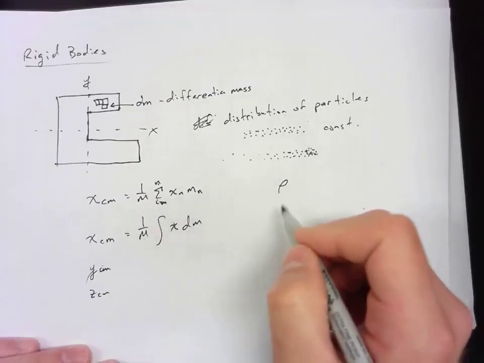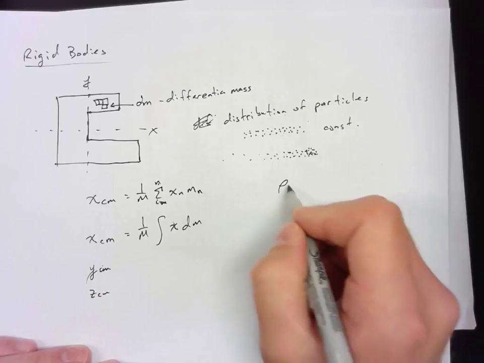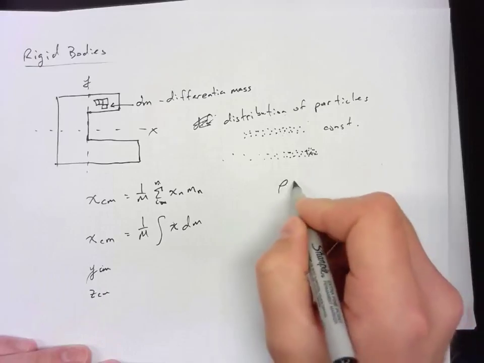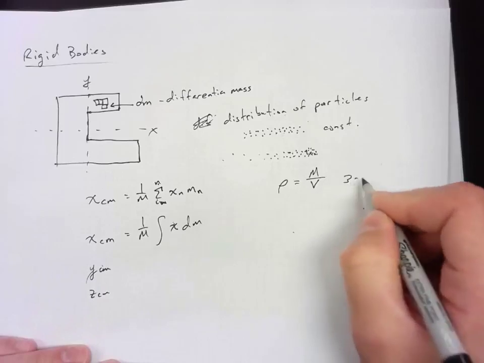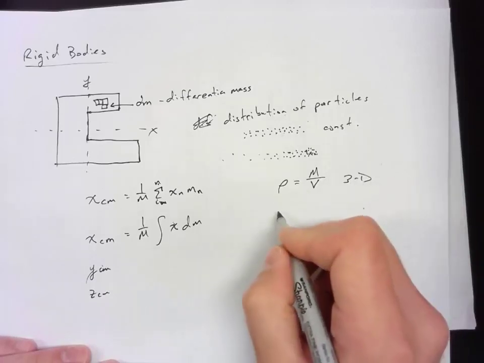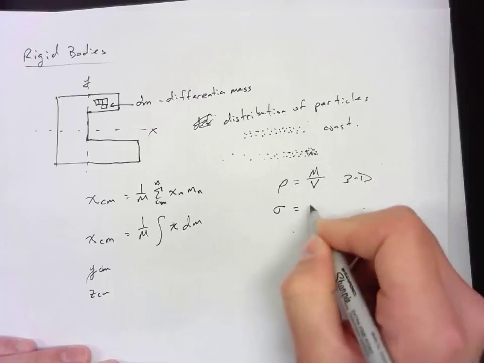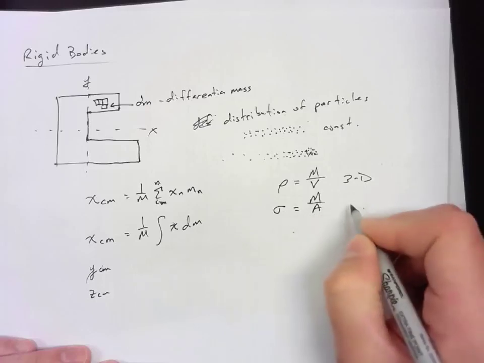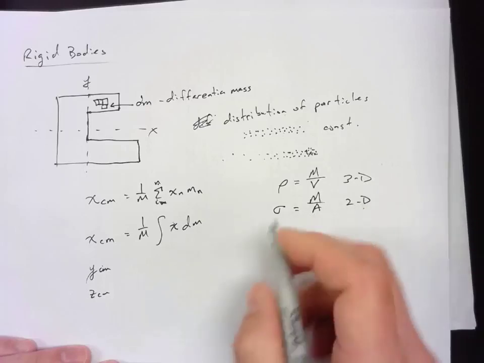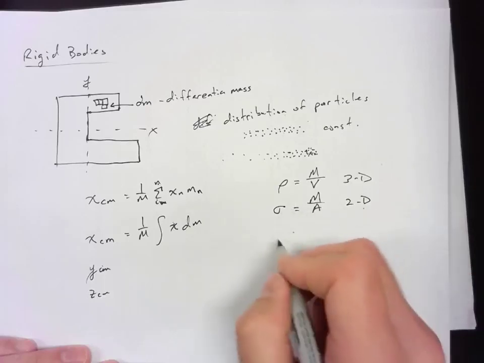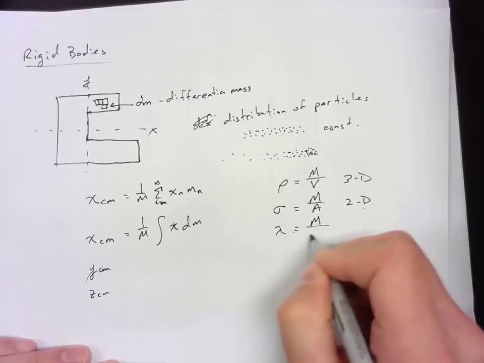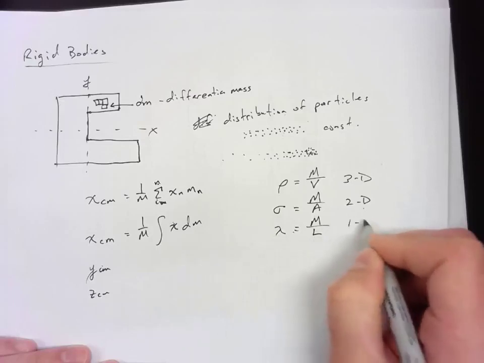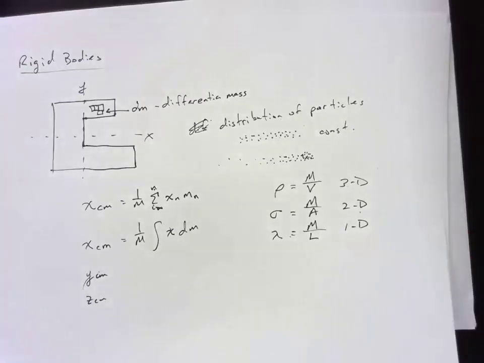We're going to use different variables for the number of dimensions. So rho is mass over volume, this is three-dimensional. Sigma is mass over area, which is two-dimensional density. And lambda is m over a length, which is one-dimensional.